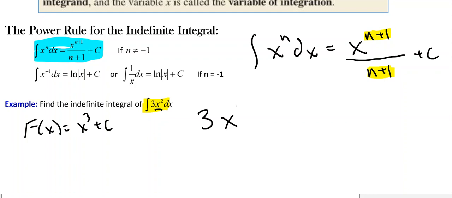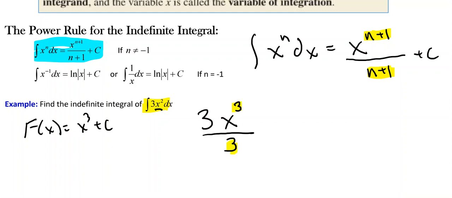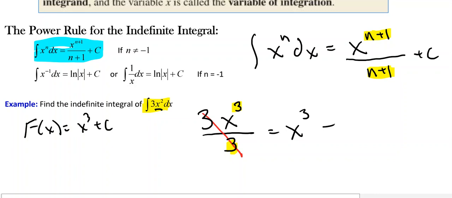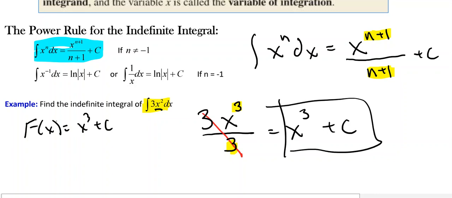That would give me a 3. And then we would divide by the exponent, which is 3. Well, what happens to these 3's? They cancel out. What we're left with then is x cubed. And then we add the plus c.